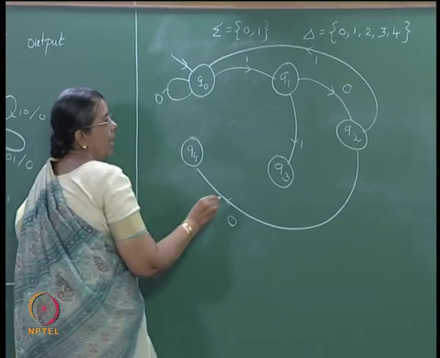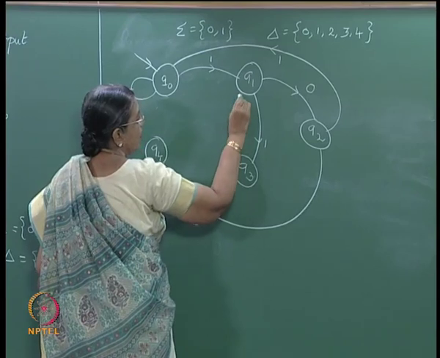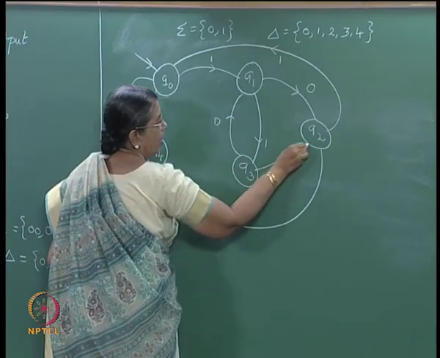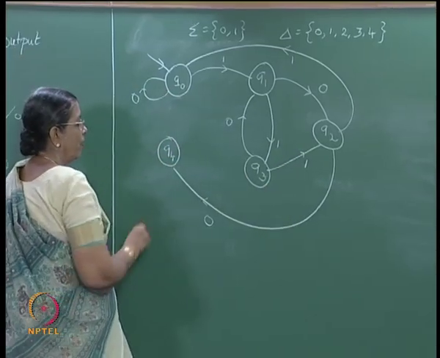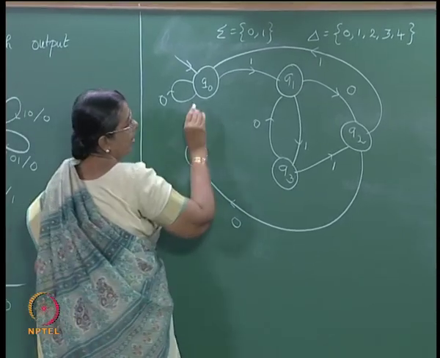from Q3 when you get a 0 you go here, when you get a 1 you go here, from Q4 how do you reach?